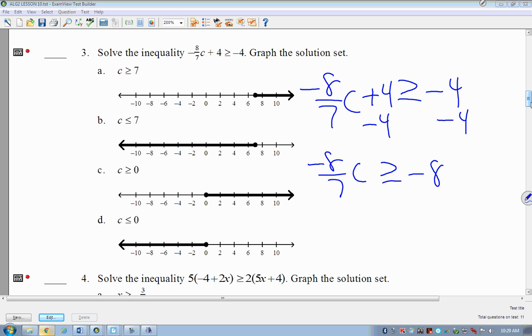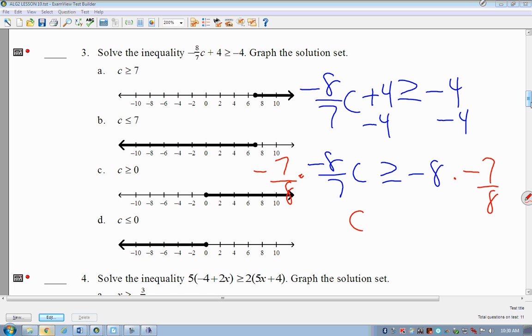You're correct from a standpoint that because this is multiplication that's occurring here, the only way to undo it is through division. But can I divide by a fraction? No, but what can I do? Multiply by the reciprocal. So multiply by negative 7/8.